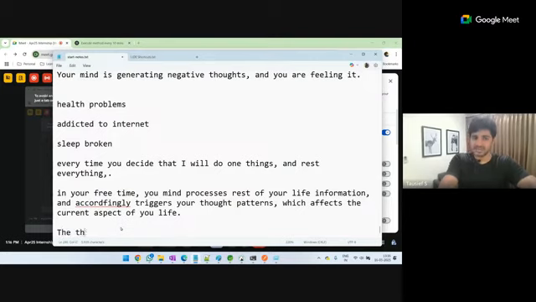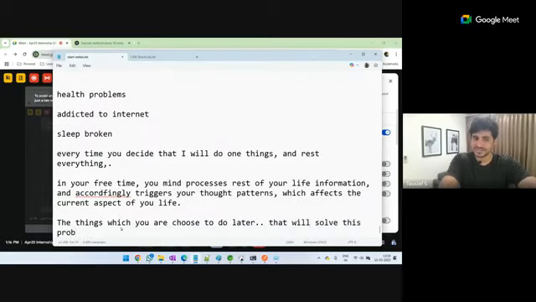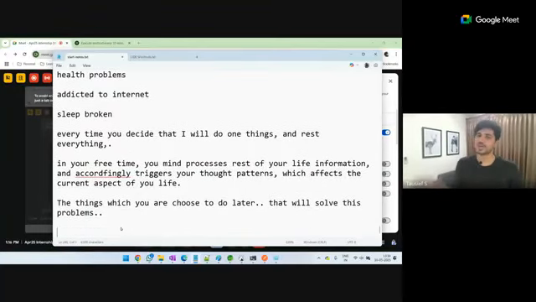The thing which you are choosing to do later will solve these problems. But you don't want to solve it because you are saying, okay, currently let me only get the job, I will take care of my health later, I will be happy later, baad mein, and that is where the mess is.